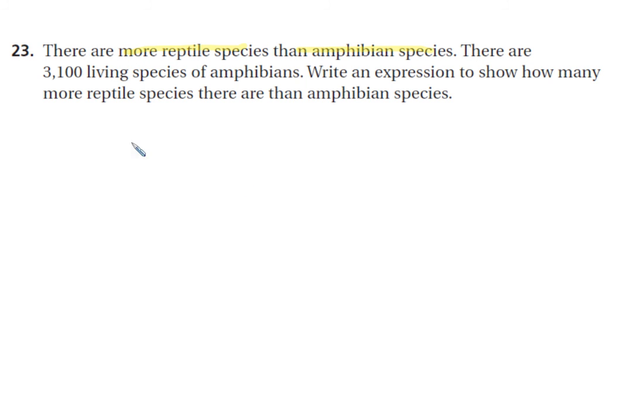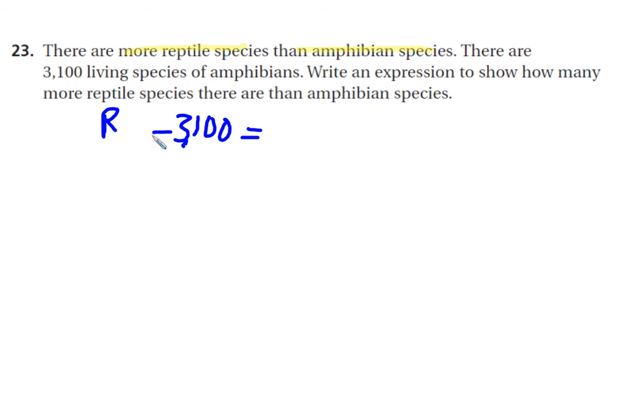N, how many more, minus 3,100 equals how many more reptiles there are. N is my reptiles. Probably would make more sense to make R my reptiles, wouldn't it? Reptiles minus amphibians would be more reptiles than amphibians.